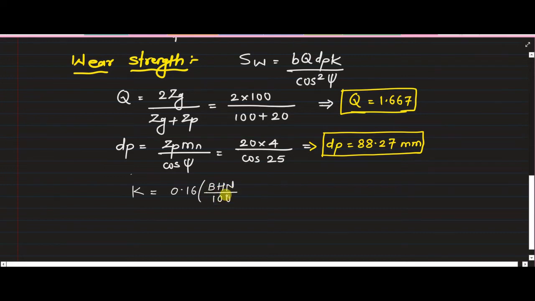So when you substitute the values, you get 0.16 into (300 divided by 100) squared. So ultimately, the value of K will be equal to 1.44 Newton per mm square.